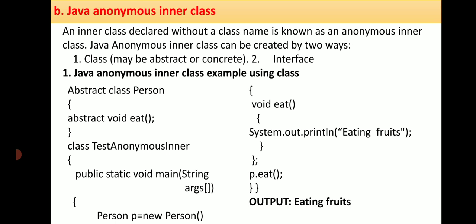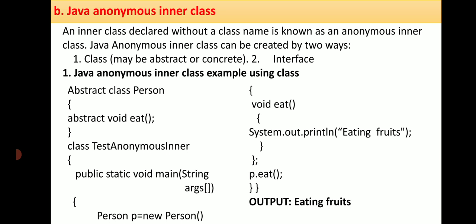This anonymous class doesn't have any name. We can create it in two ways: one is by class, and the other is by interface. We will see one example of each so that we can understand clearly.